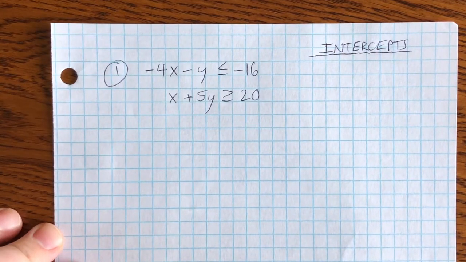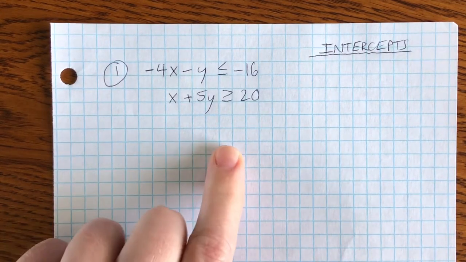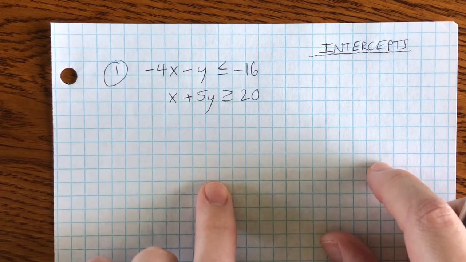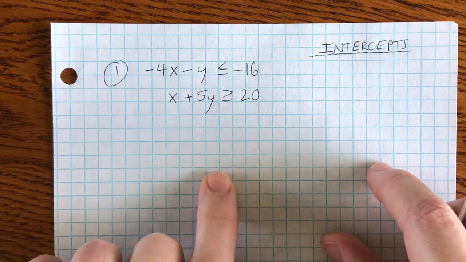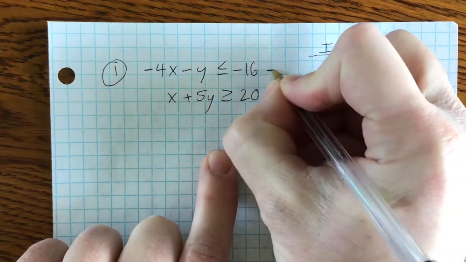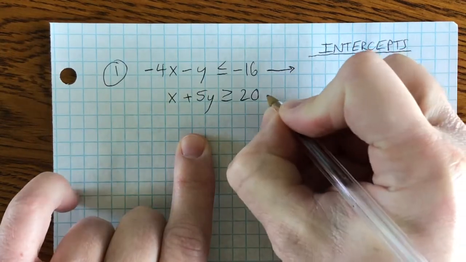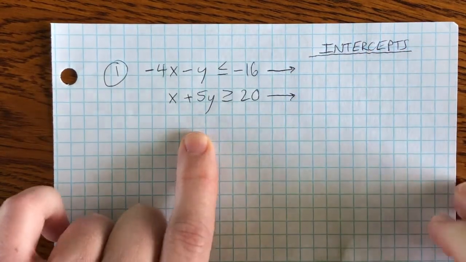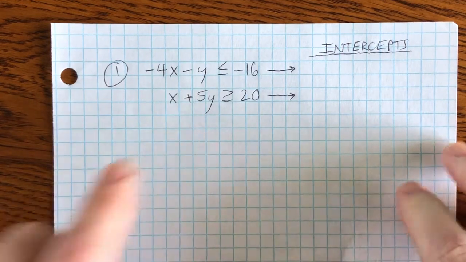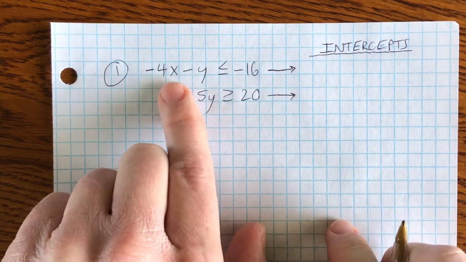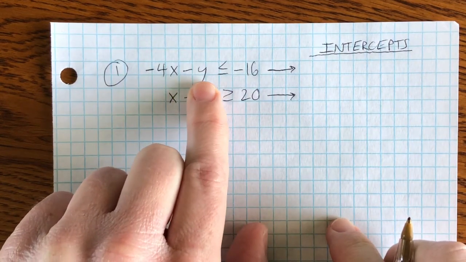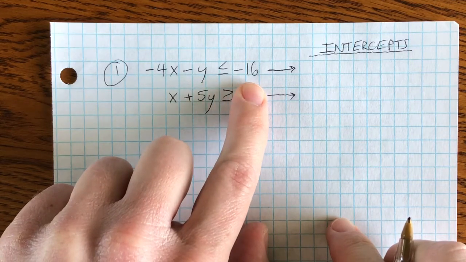Okay, so I'm going to start this particular problem in the same way I began the last example. What I'm going to do is determine the intercepts of both of these linear equations, if they were just equations. So in this first one, negative 4x minus y is less than or equal to negative 16.